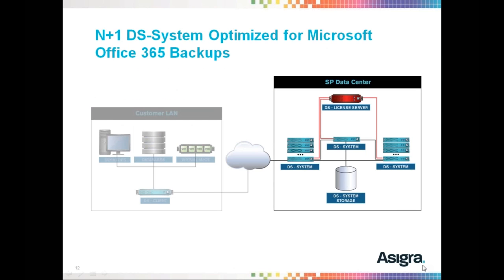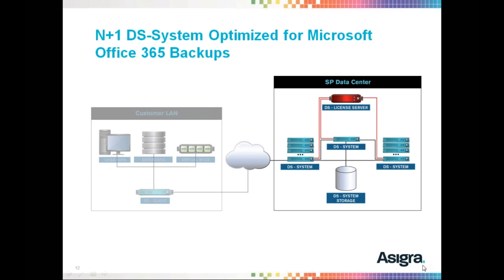As far as Office 365, do keep in mind if you're running into multiple DS clients, running thousands of user profile backup sets, which is, by the way, the recommended implementation as far as the backup set creation is: one backup set per Exchange, per user profile, and per SharePoint.